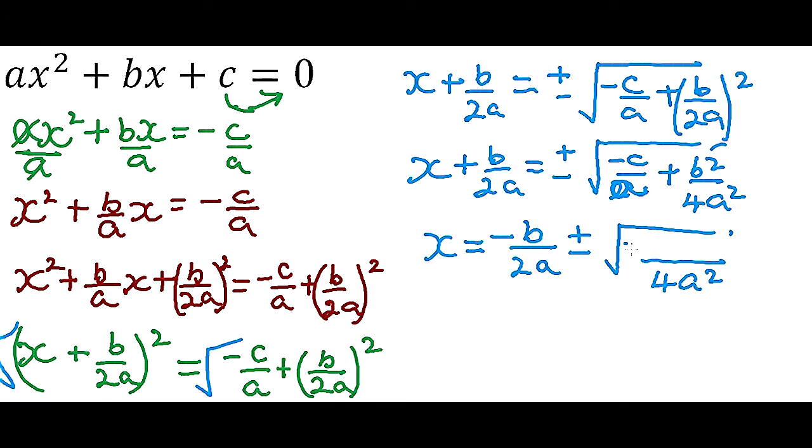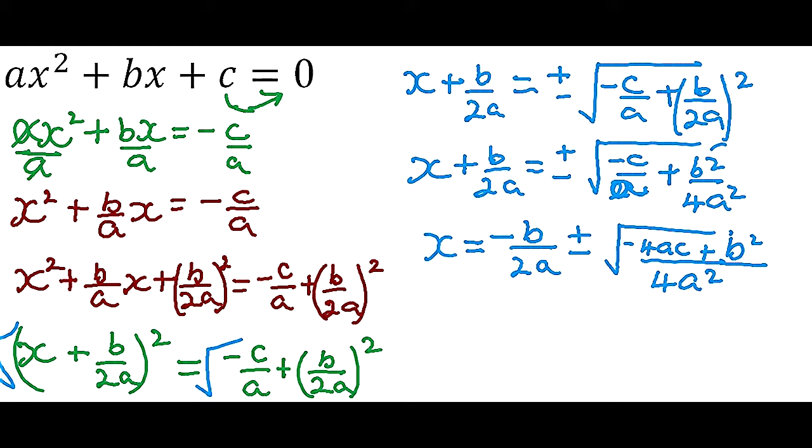So we will have minus 4ac, and then we have plus b squared. So we can get the square root of this 4a squared. It will be 2a.